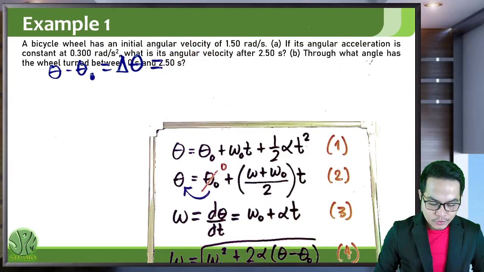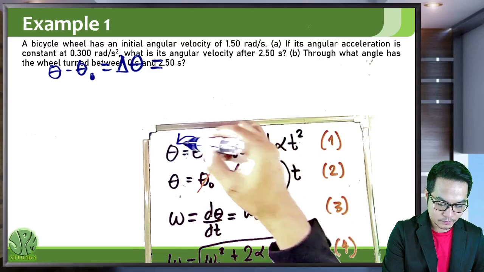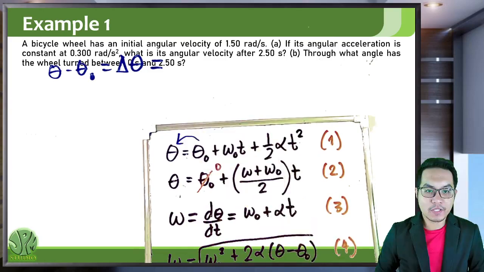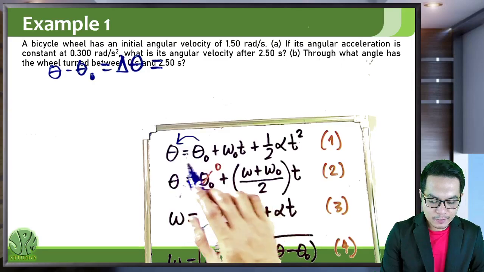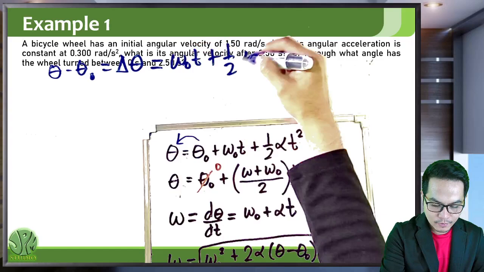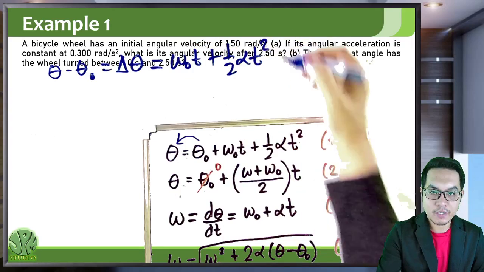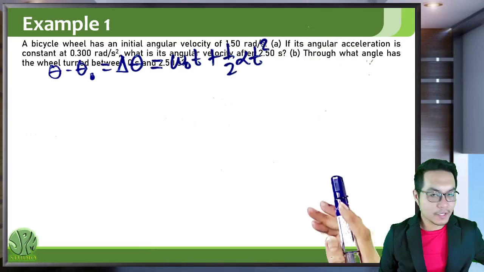Okay, sorry, I'm going to use equation number 1. So transpose that one there, and you get theta minus theta naught. So you will get the angular displacement is equal to omega naught t plus 1/2 alpha t squared. All of these values are actually given.